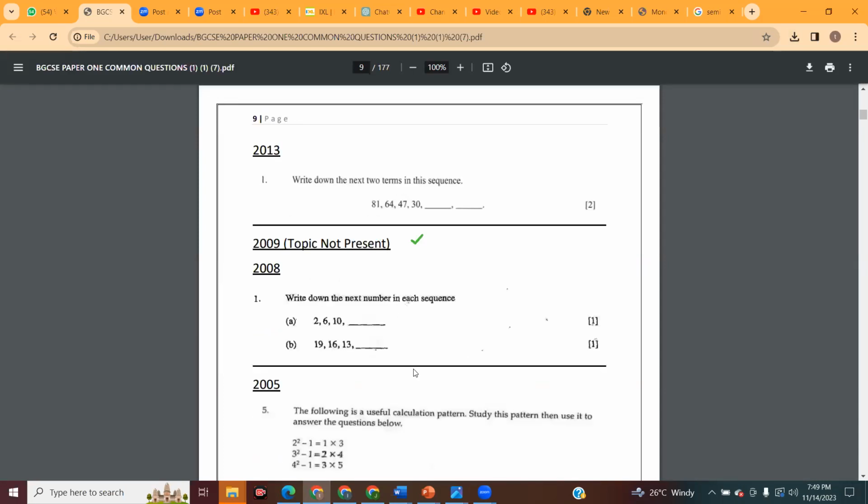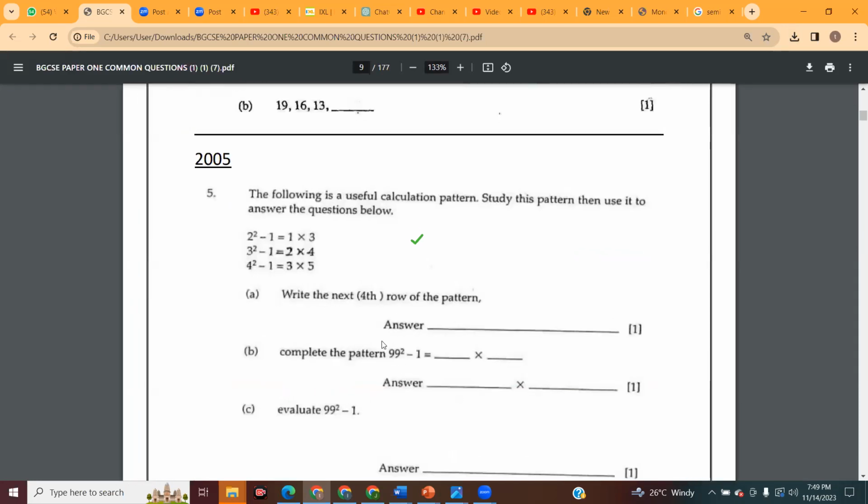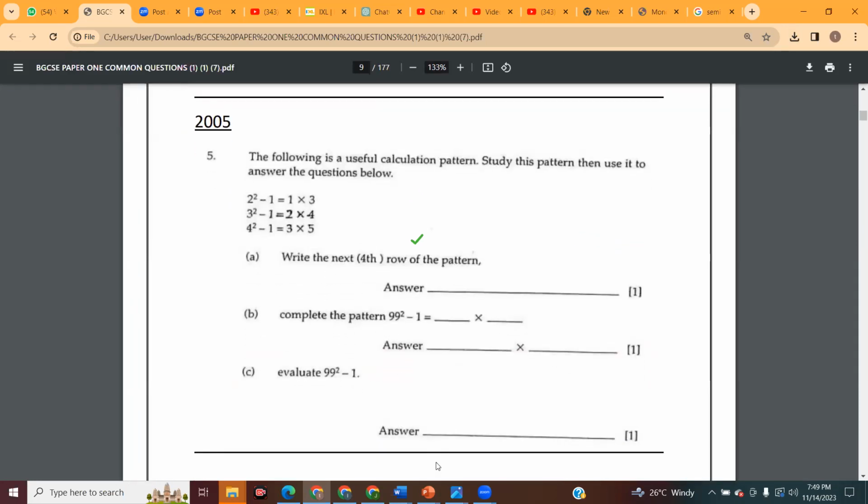2005. Oh, this. Can you see the pattern, Erica? So, you looking? I'm looking.